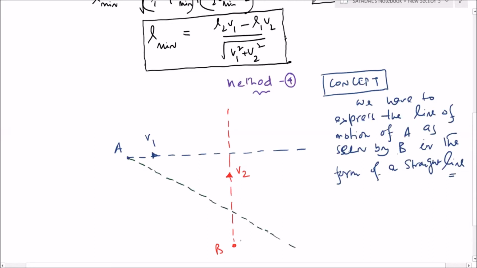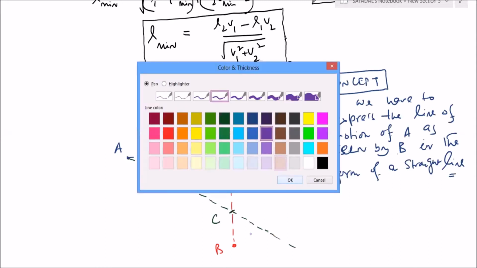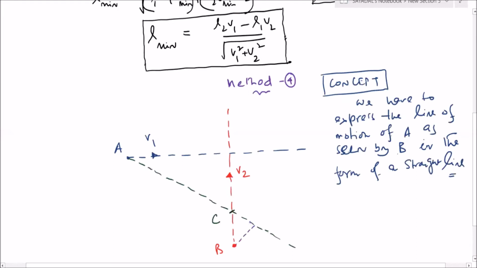I hope you remember. So this is point C. If I drop a perpendicular, this is the perpendicular here. This angle is 90 degrees. This is M. This angle is theta. Up to this it is clear to everyone, right?